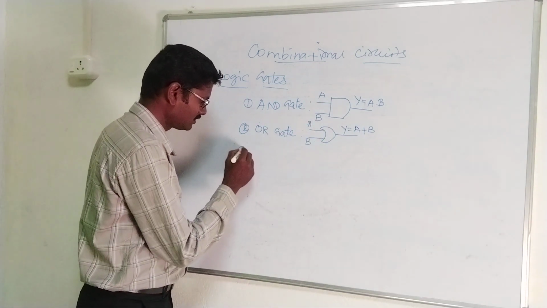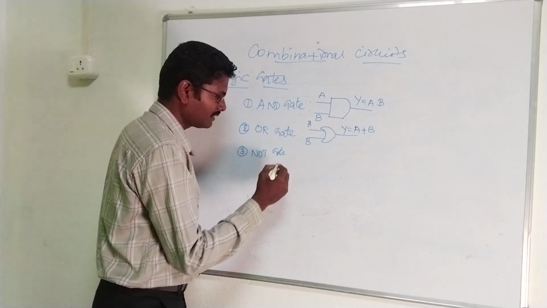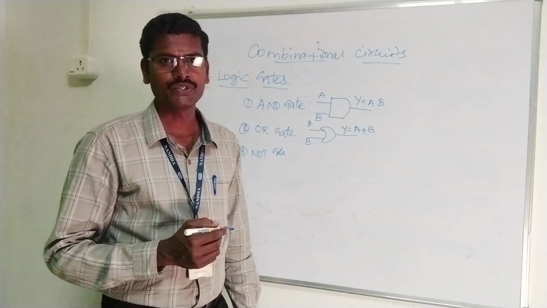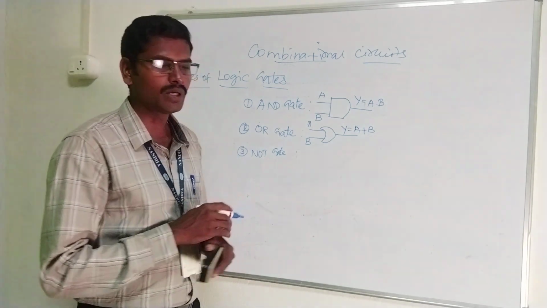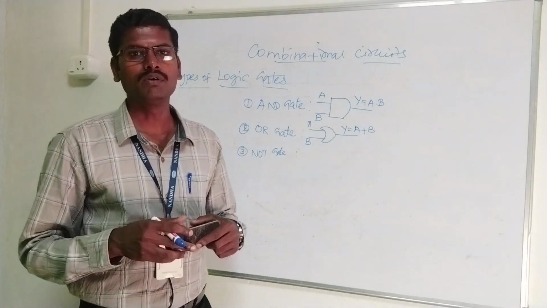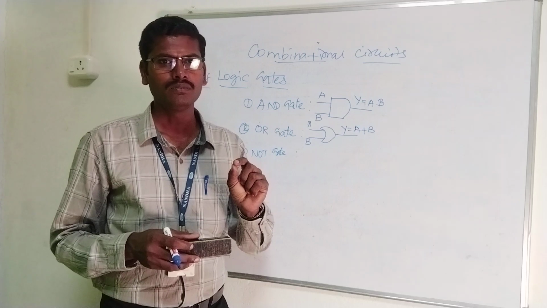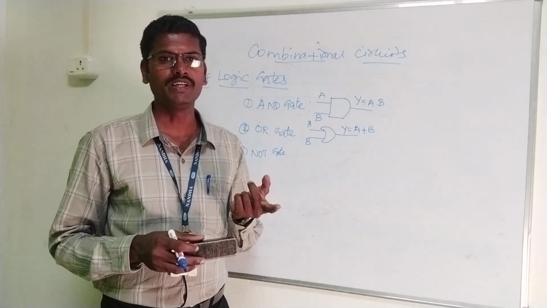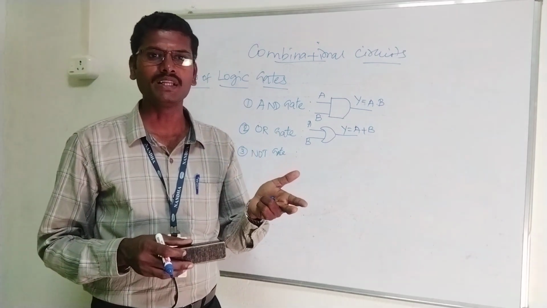The third gate is the NOT gate. The NOT gate is an inversion operation or a complement operation. The input variable of the NOT gate is either 0 or 1 and the output variable is either 0 or 1. Based on the input, the output will be in the complemented form.